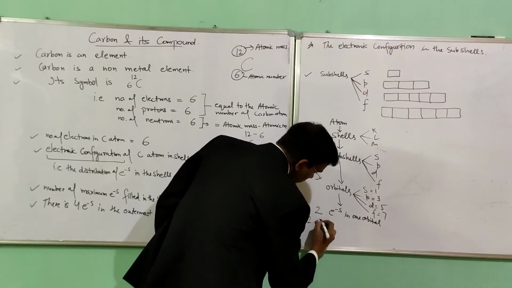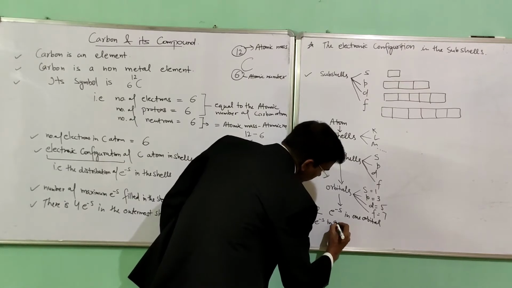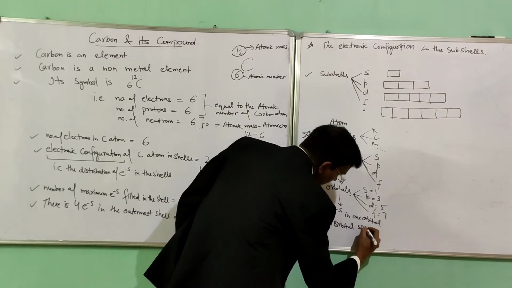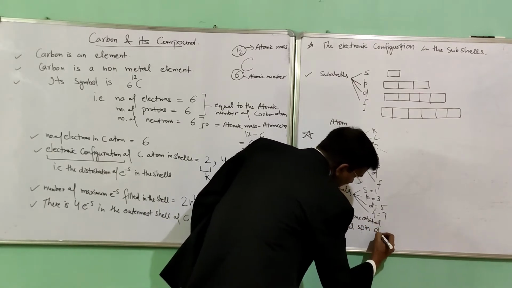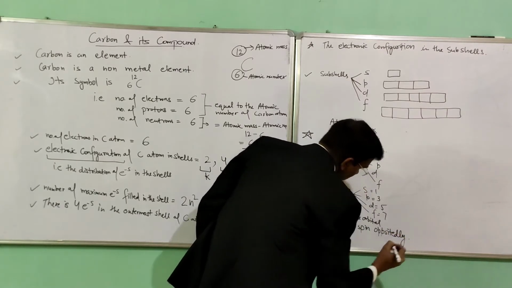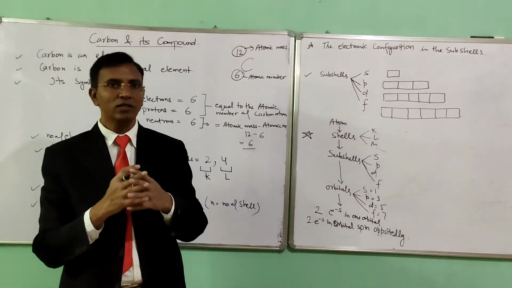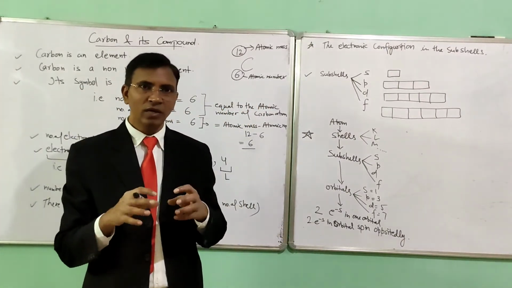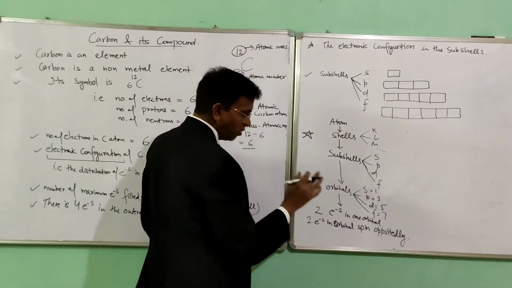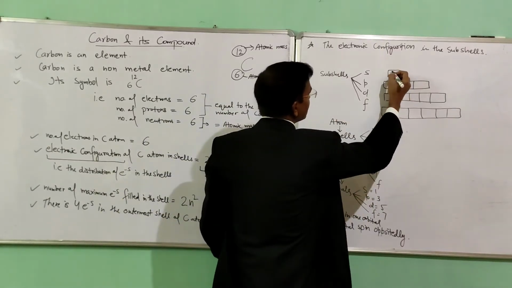There are two electrons in an orbital, and they spin oppositely, by which the magnetic direction, the electronic direction, becomes neglected.